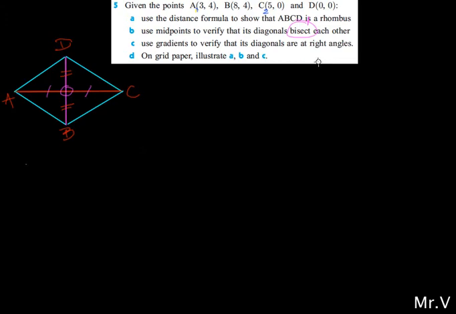Let's continue with the question C. The question C says, use the gradient to verify that its diagonals are at right angles. So, very simple. The problem is asking us to find the slope or the gradient of each of the diagonals. The formula for the slope or gradient is y2 minus y1 over x2 minus x1.